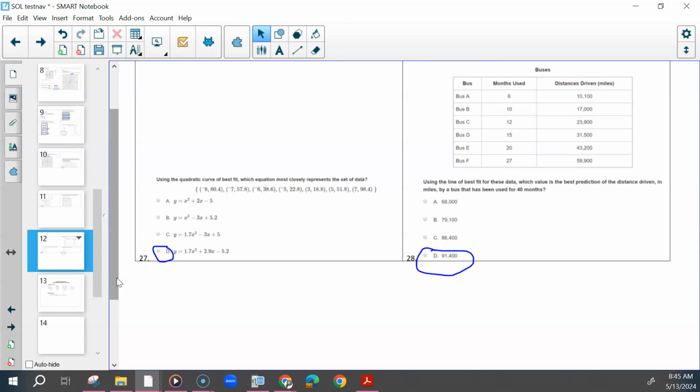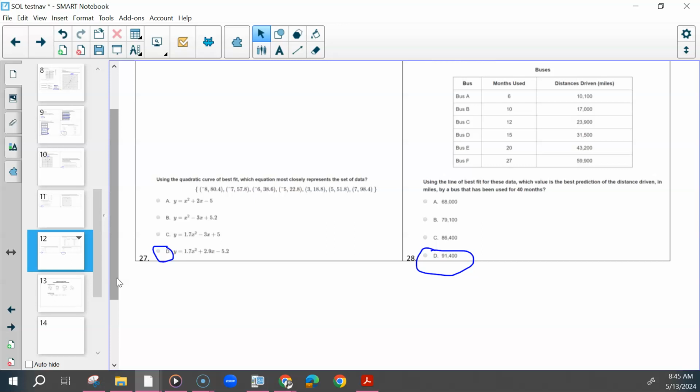Do we have any questions we want to see, go over, see in Desmos, go over by hand? So, you have another SOL packet to use to practice, to study, refer back to before your SOL on Wednesday.